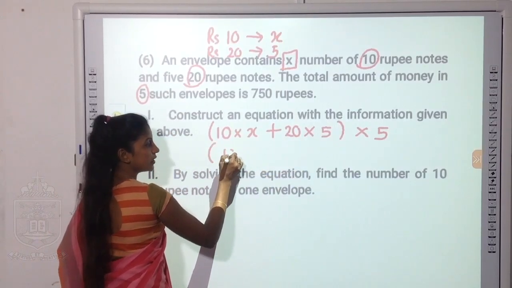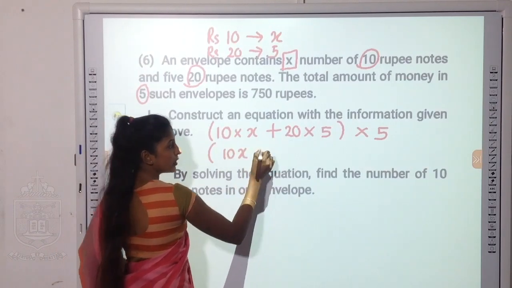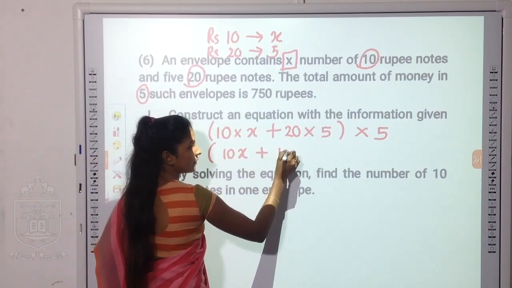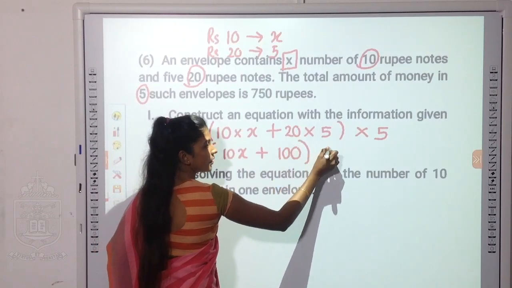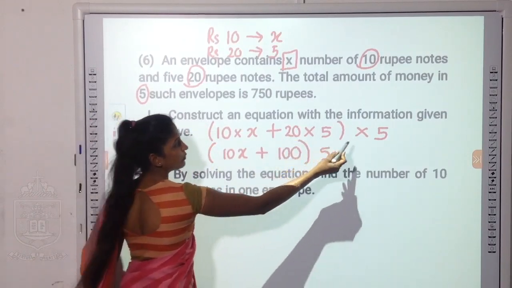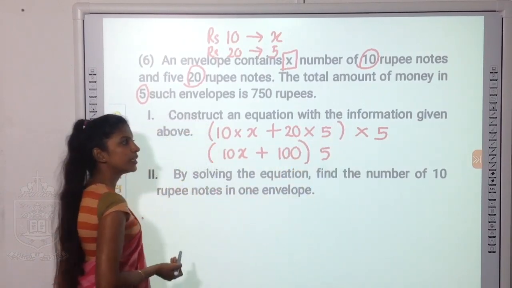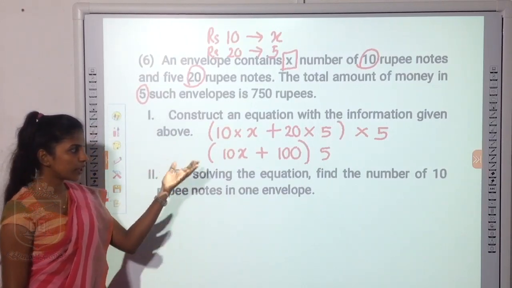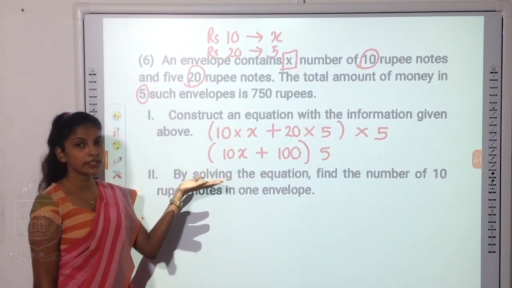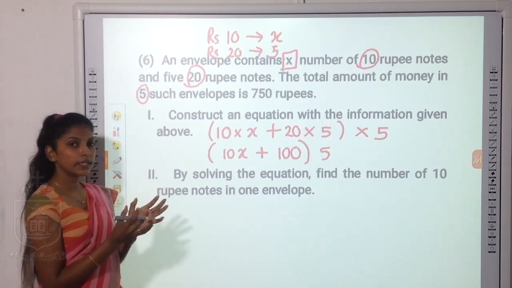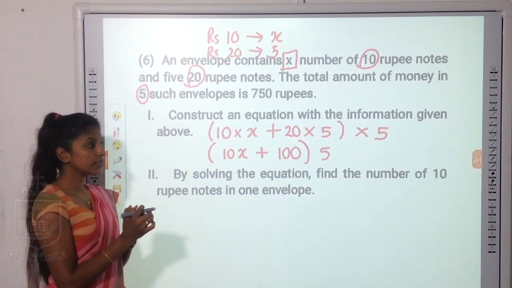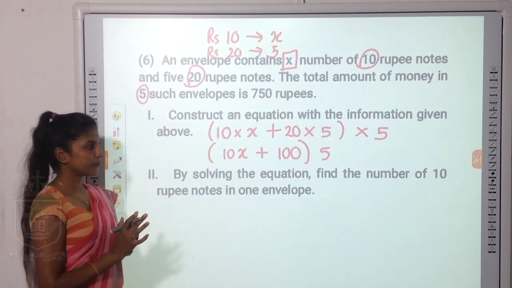So you all can see this expression can be simplified more like this. 10 into x can be taken as 10x. 20 times 5, answer is 100, into 5. You don't need to put the multiplication sign, already the meaning of bracket is multiplication. So you all can see this is the expression that we can build up to find the total amount of money present in 5 envelopes.